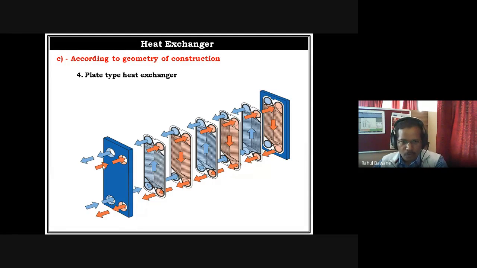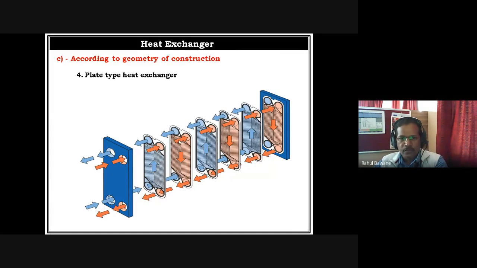Now hot fluid, these red arrows, it is not entering the first plate, it is entering the second plate and moving down. Then some portion moves ahead and next. So hot fluid and cold fluid pass through alternate plates, and these plates are so close to each other.